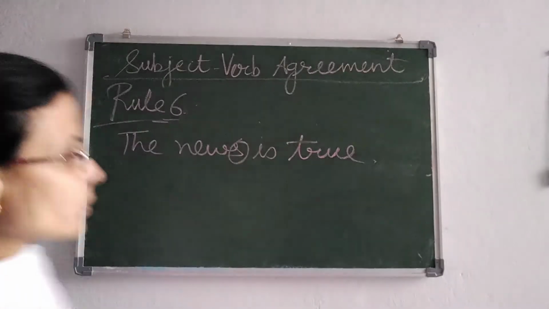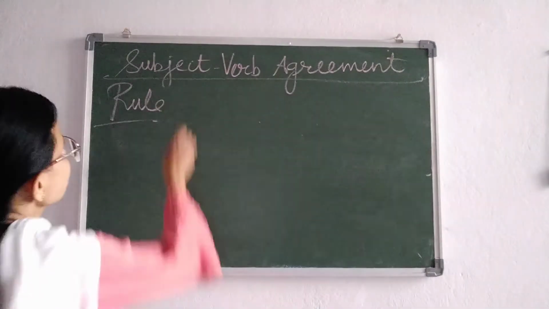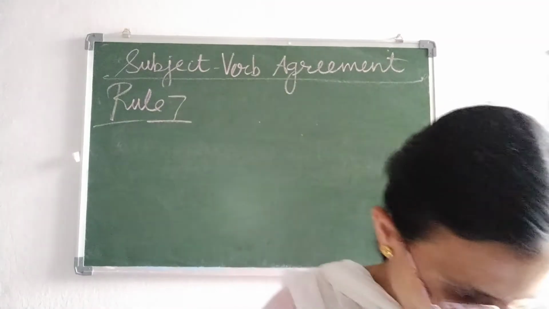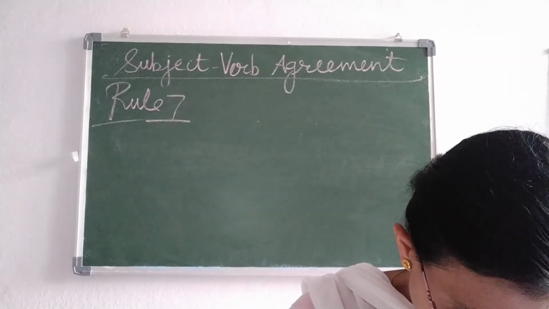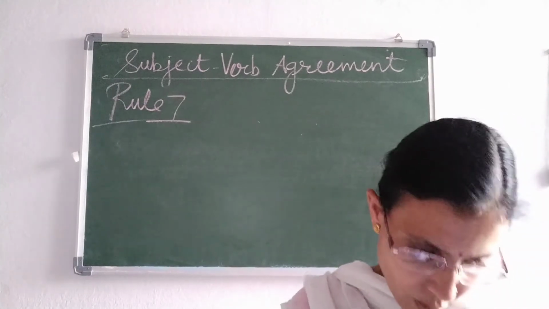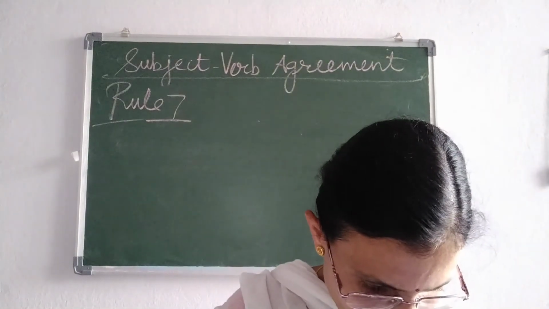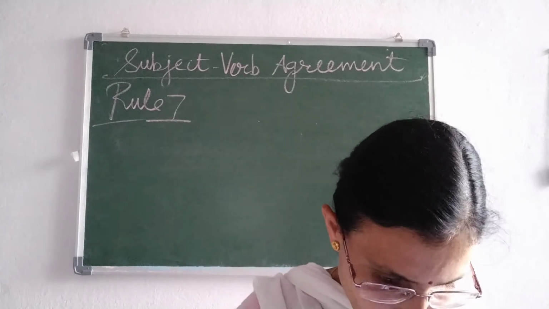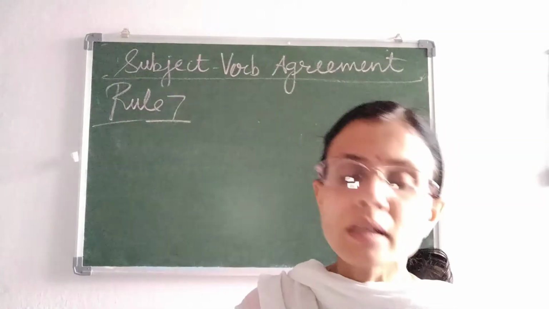Next, rule number 7. A singular subject or a plural subject joined by or, nor will take a singular or plural verb depending on which subject is nearer the verb.